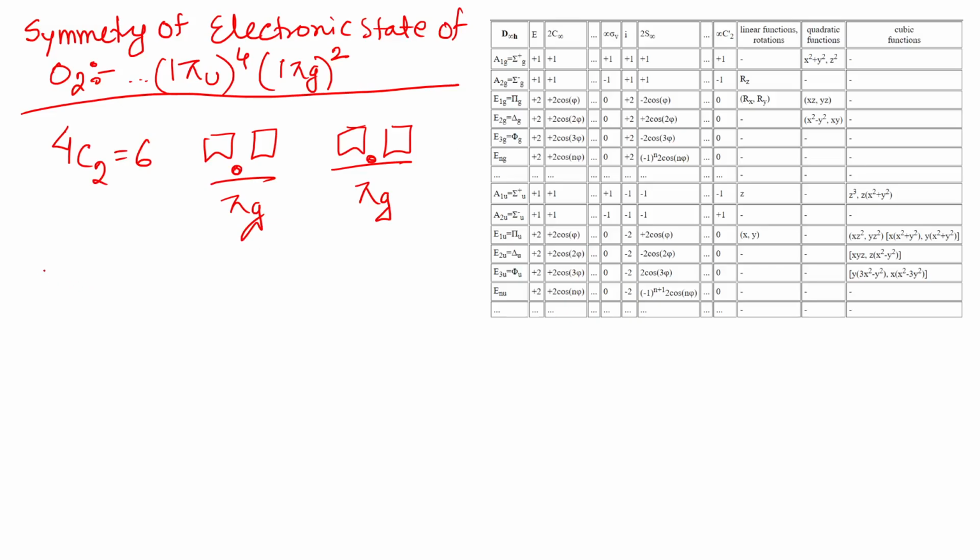So this is your small pi g into small pi g, but it will lead to me what? Pi g into pi g. So that is going to give me here 4 cos square phi, right?